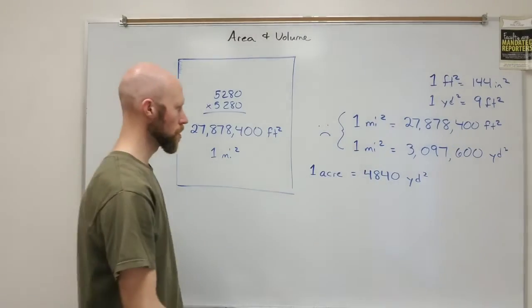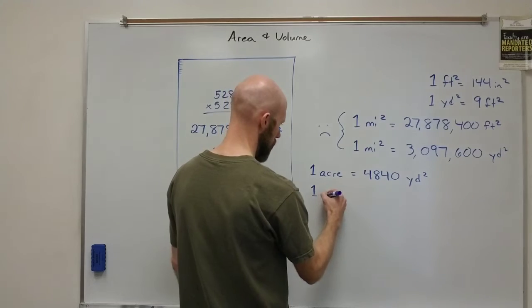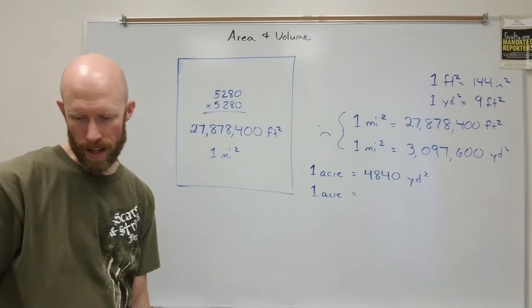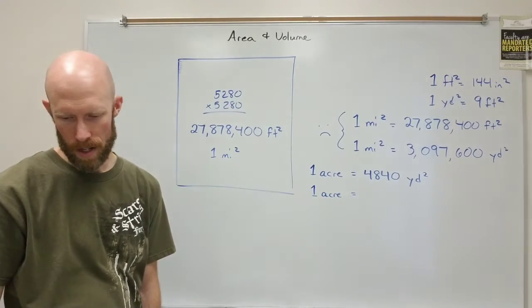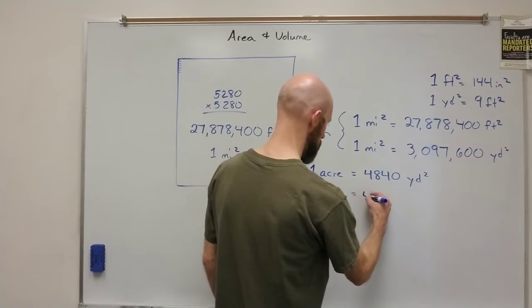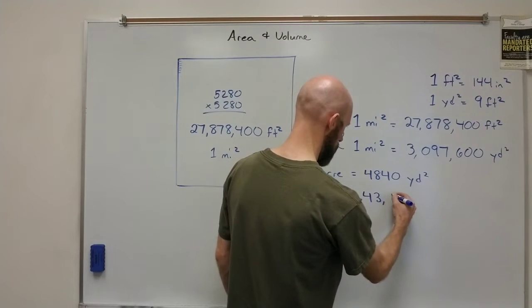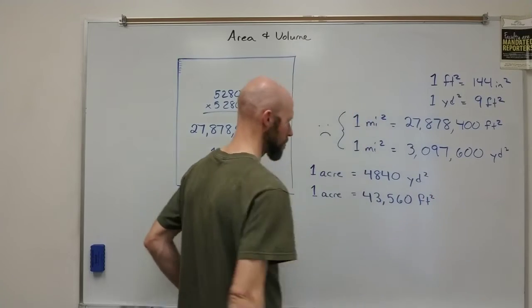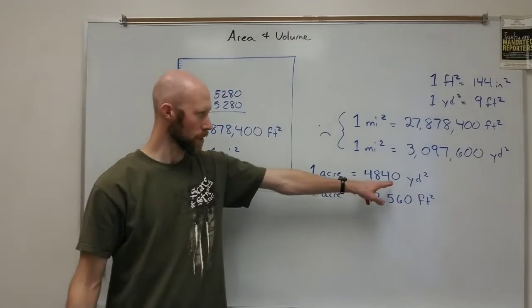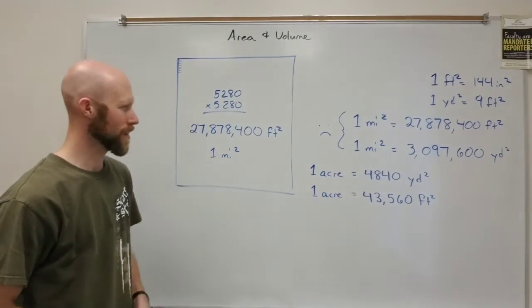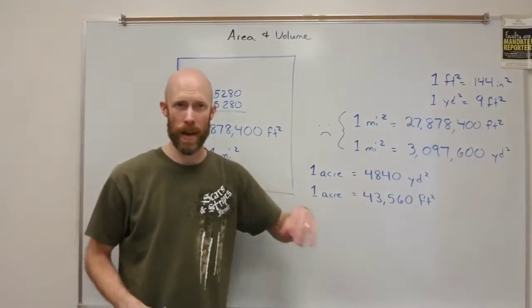You could also think of 1 acre, if you wanted to turn it into square feet instead, as 43,560 square feet. That's basically the square yards times 9, right? So that's doable. We can do that.